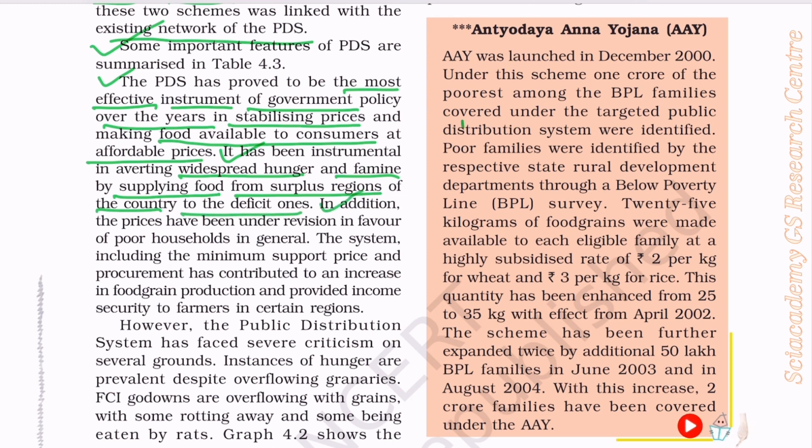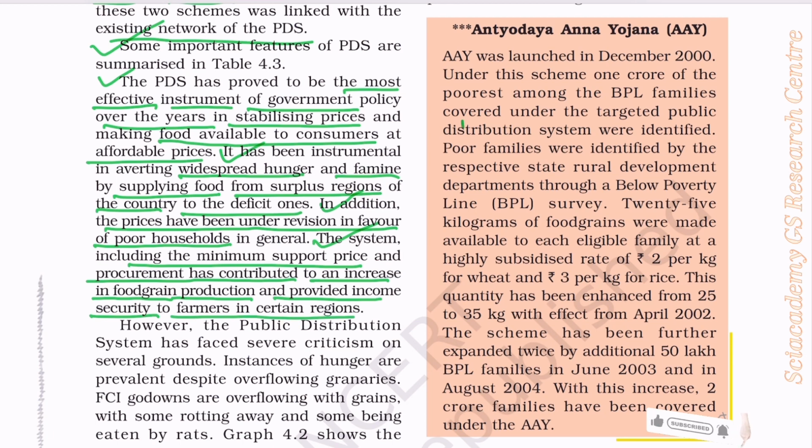In addition, the prices have been under revision in favor of poor households in general. The system, including the minimum support price and procurement, has contributed to an increase in food grain production and provided income security to farmers in certain regions.